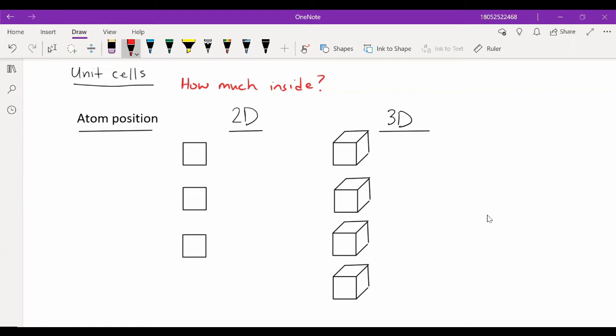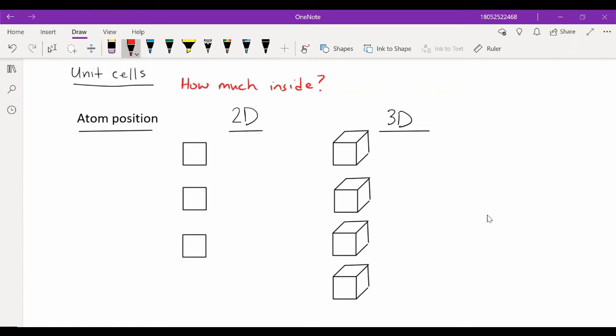So in the problems where you have to find the density of something like a metal, you're obviously going to be looking at three-dimensional cells, but some problems may have you look at just hypothetical two-dimensional lattices.